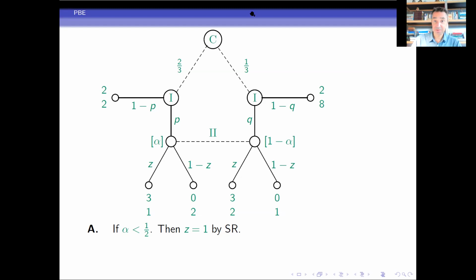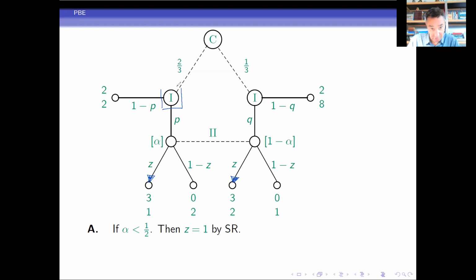So what will happen next? We've got player 2 moving to the left over here and over here. And now you can perform a kind of backwards induction. So you can go to the previous decision nodes.